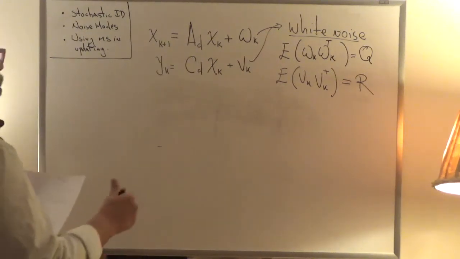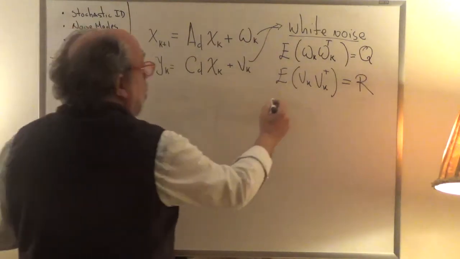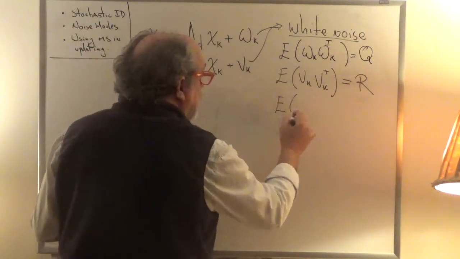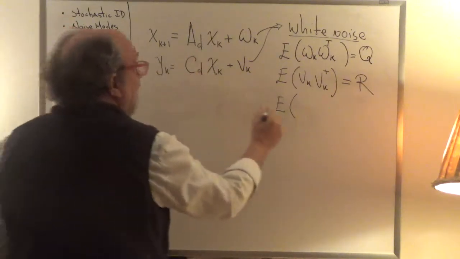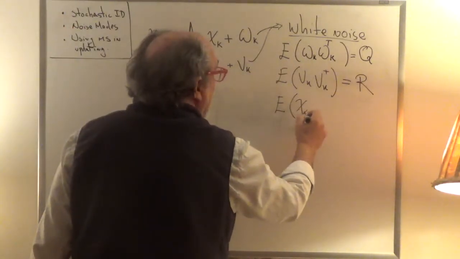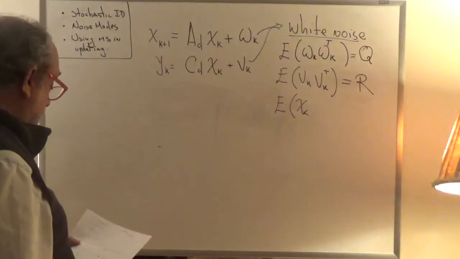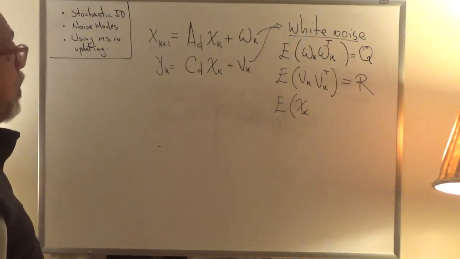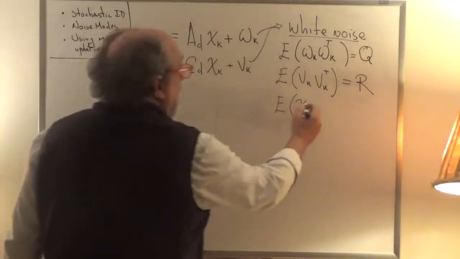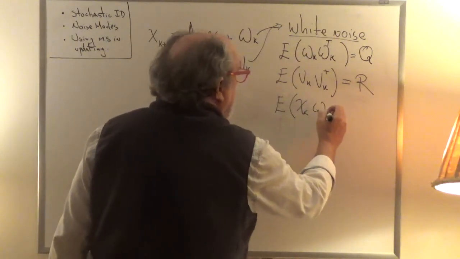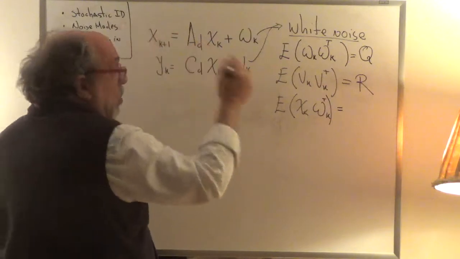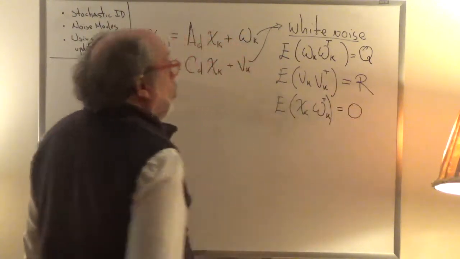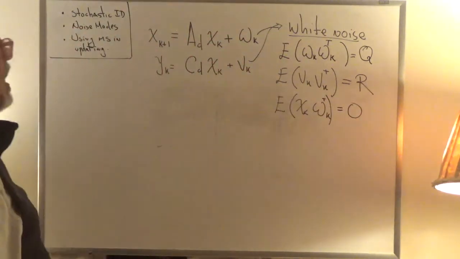Now, we also have another number of assumptions, which will allow us to do the derivation. And that is that the state xk is uncorrelated with both of these noises. And that is necessarily true because white noise is not correlated with anything. Well, actually I shouldn't say that.